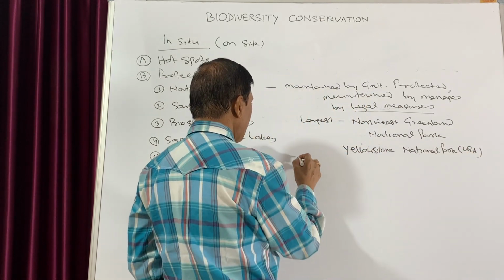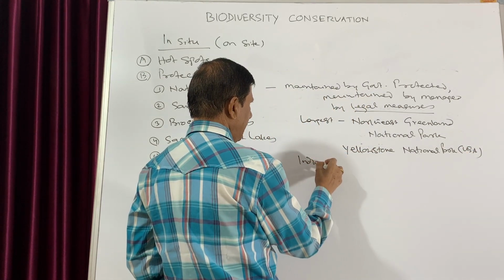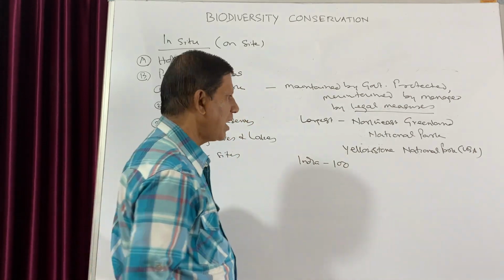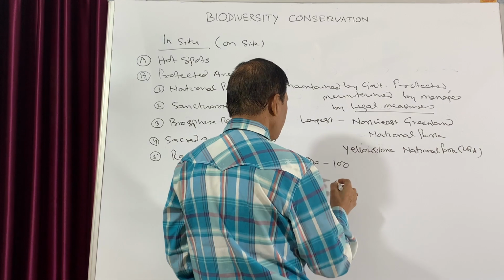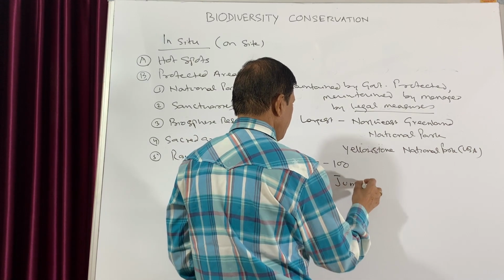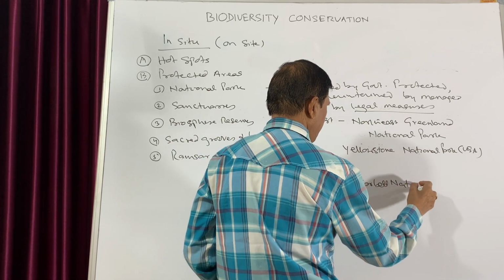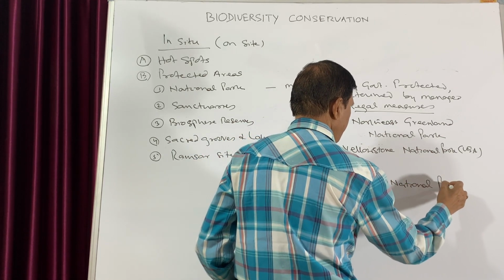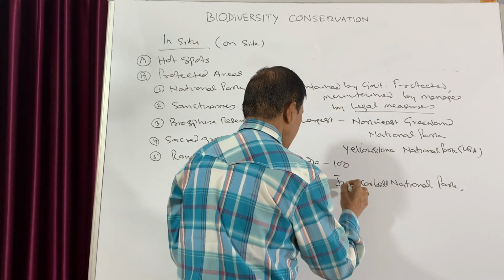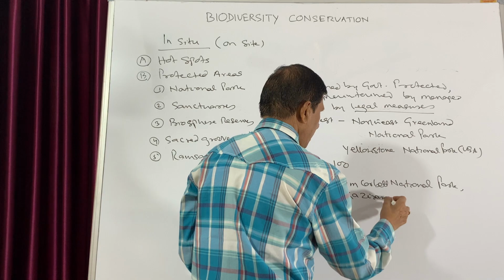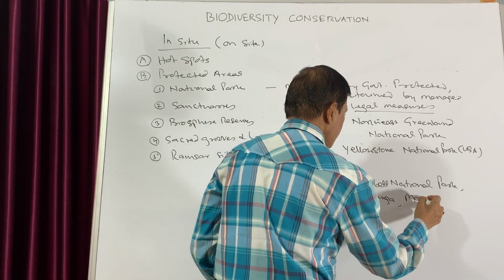And in India there are 100 national parks. Some of the examples we will take: Jim Corbett National Park, Kaziranga, Manas.